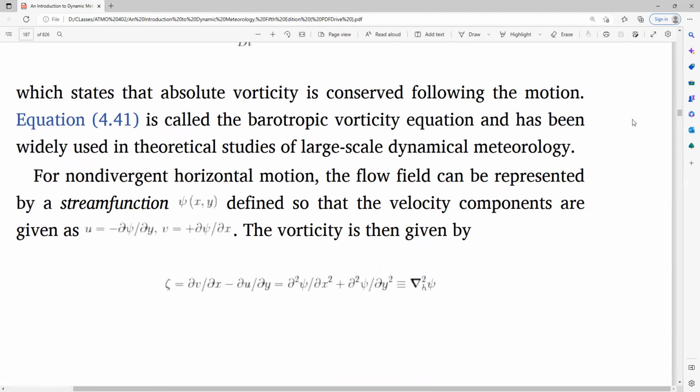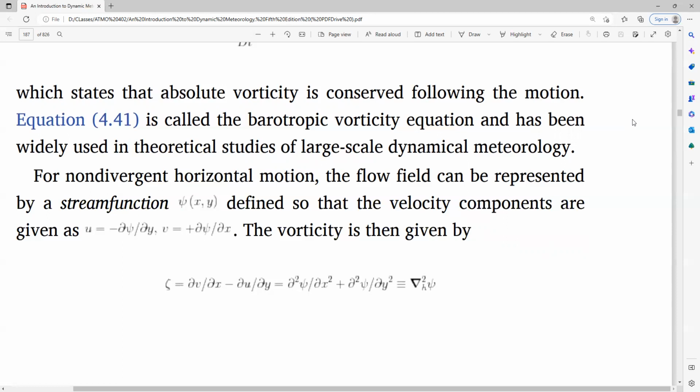The beauty of the stream function is that you have u and v, east-west wind, north-south wind, and the wind components can be combined into one parameter, that is the stream function psi.